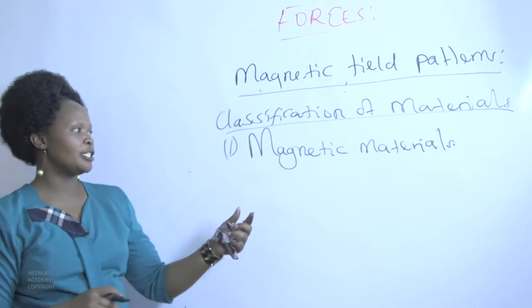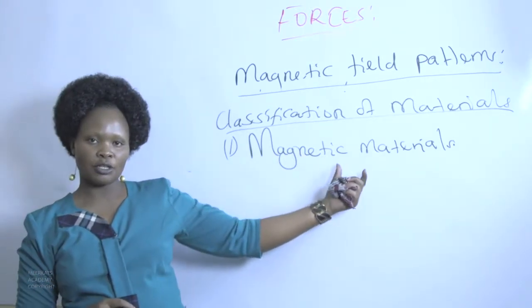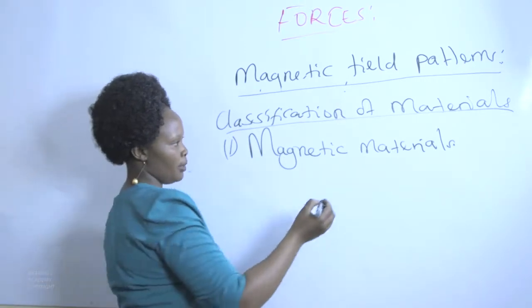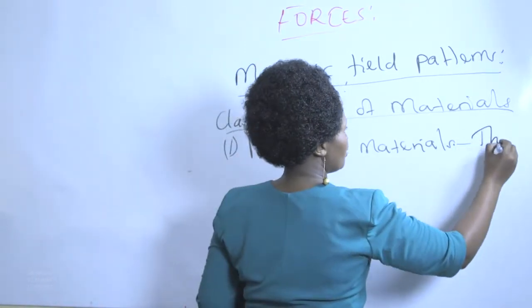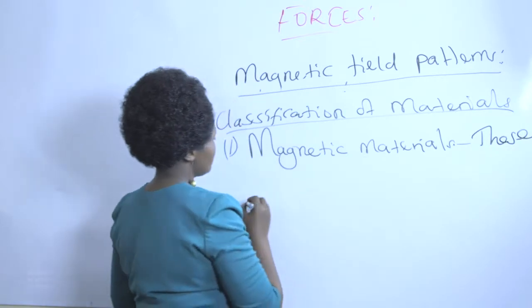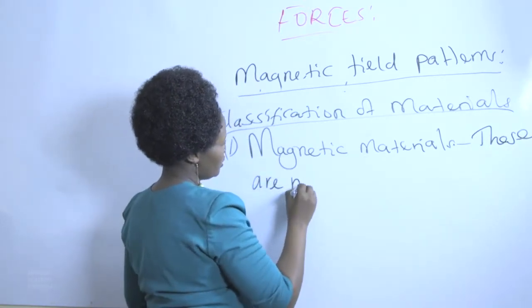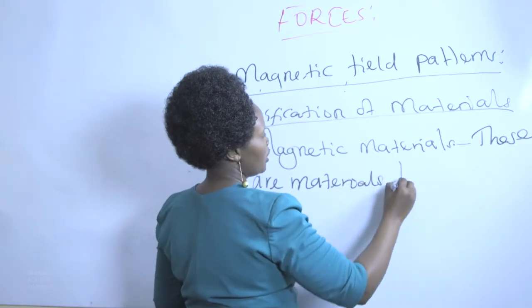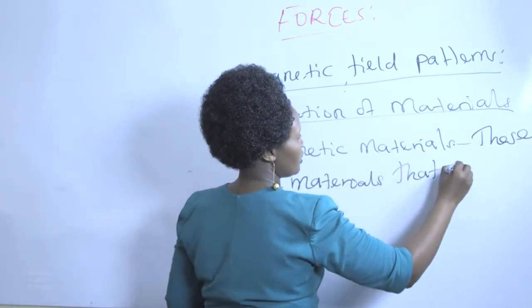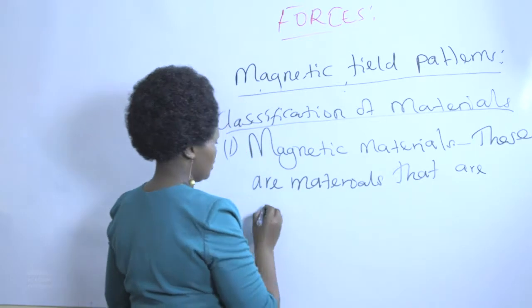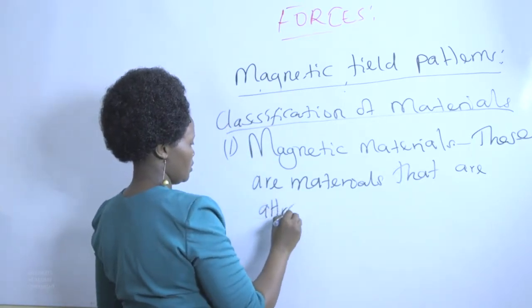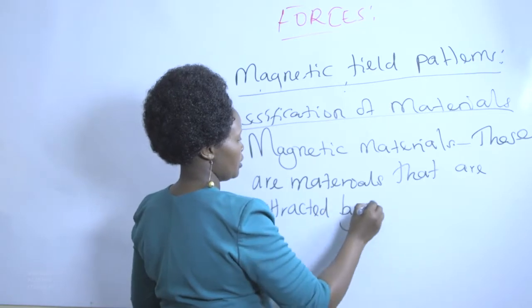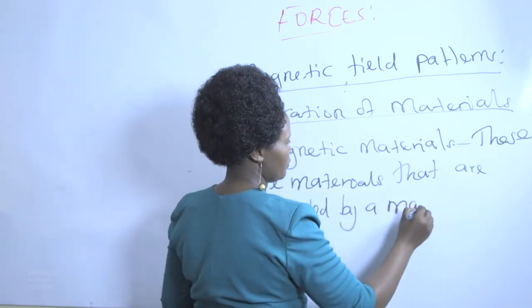Magnetic materials are those materials that are attracted by a magnet.